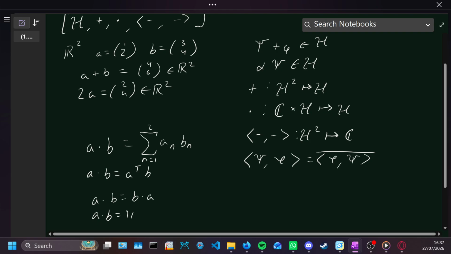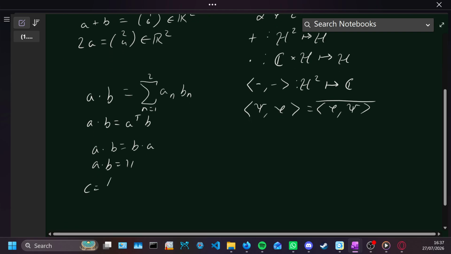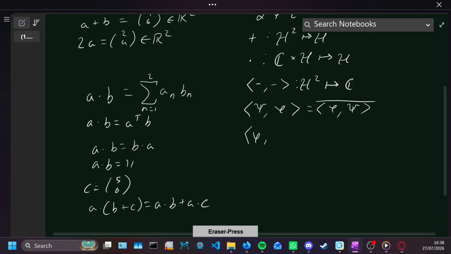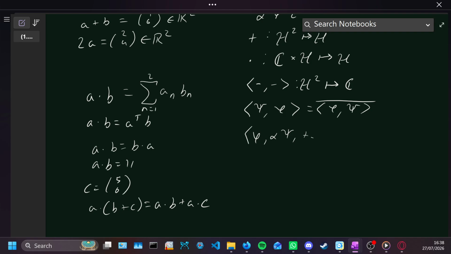The dot product is also linear, so let's introduce C as (5, 6). A dot (B plus C) is equal to A dot B plus A dot C. So it is true that if I take the inner product of phi and (alpha psi 1 plus beta psi 2), I can split this up into alpha times my first inner product plus beta times the second one.